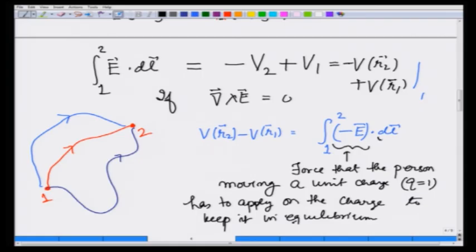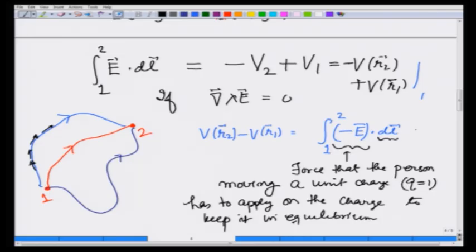and dl is the distance travelled. So, this is dl, this is dl, this is dl, this is dl, and integral means I am adding over all these dl's. This is a force applied by the person, and then the person is moving it.